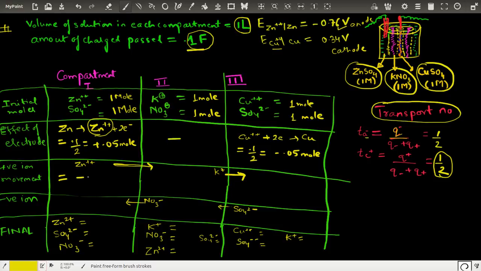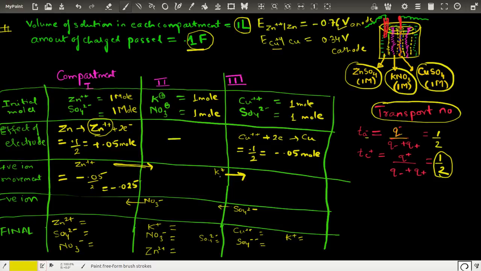So basically 0.05 by 2, which comes out to be 0.025. We are writing a minus sign, so this is due to the conductance of charge by the cations. From compartment 1 to compartment 2, zinc 2 plus ions are migrating.